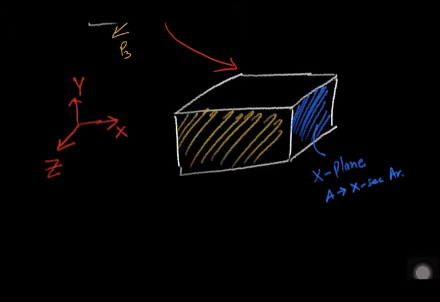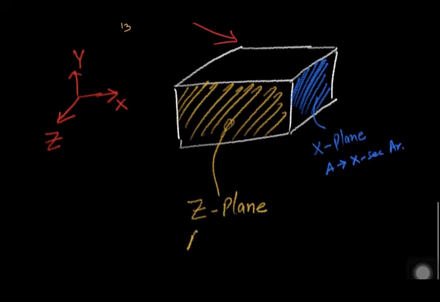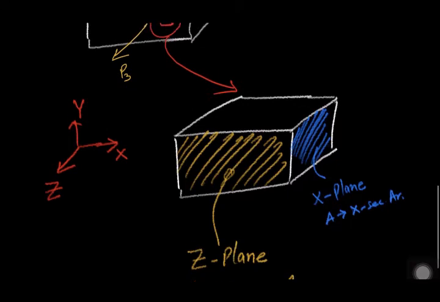And this plane will be the z plane, again having a cross-sectional area of A, because this is a cubical element. All right.